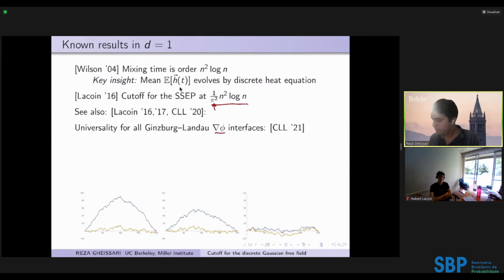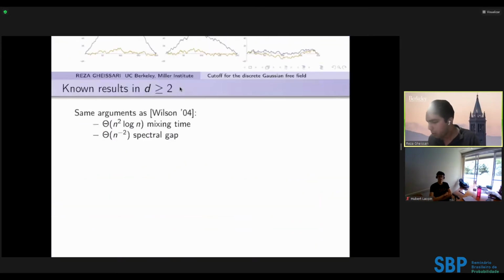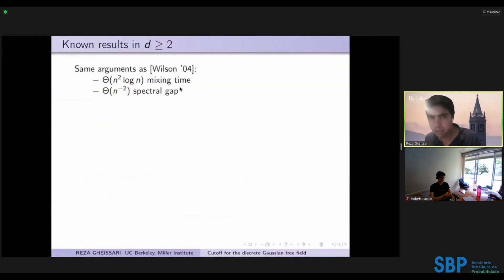Okay. In dimension 2, a lot less is known. So for the discrete Gaussian free field specifically, the arguments of Wilson basically generalize. So you still have this fact that in expectation, your interface looks like it's just following a PDE evolution or a discrete PDE.